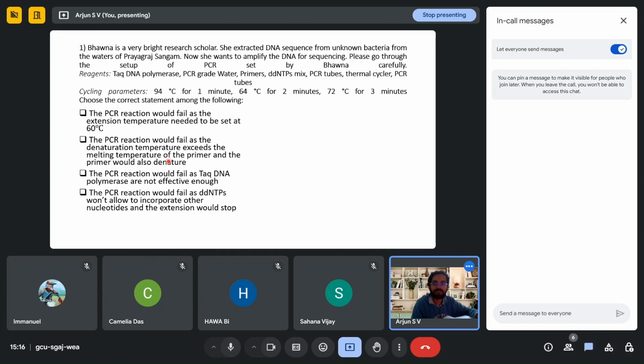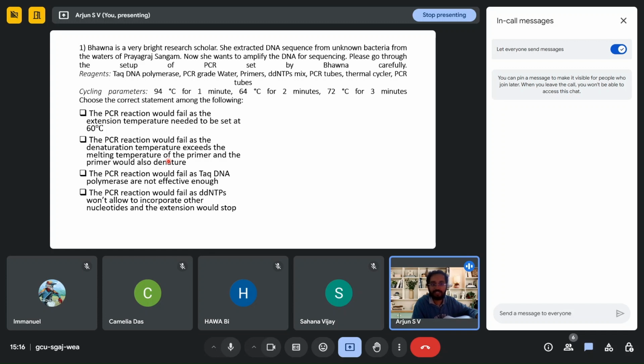I presume that you already have gone through the lectures. So here we already know what the reagents are for. The Taq DNA polymerase is a DNA polymerase which is used in extension, and we need PCR grade water as usual.